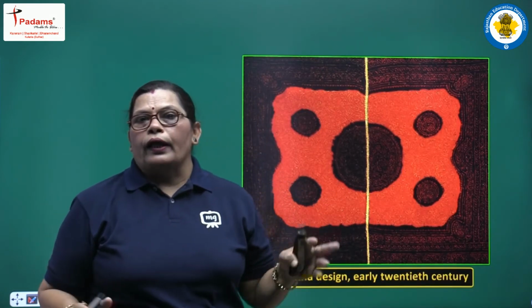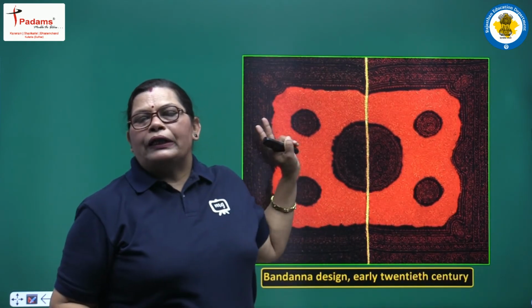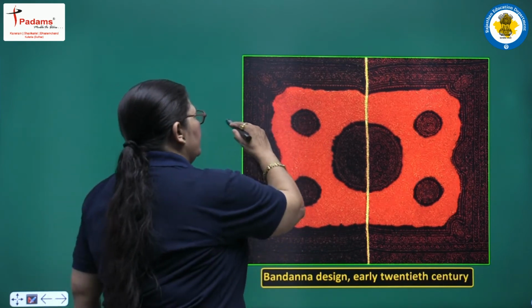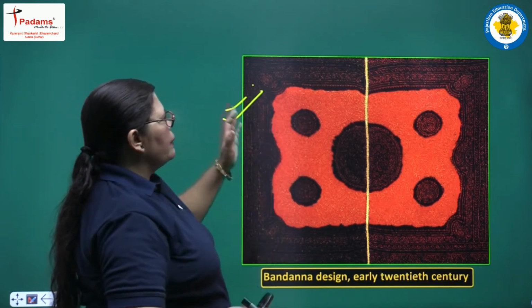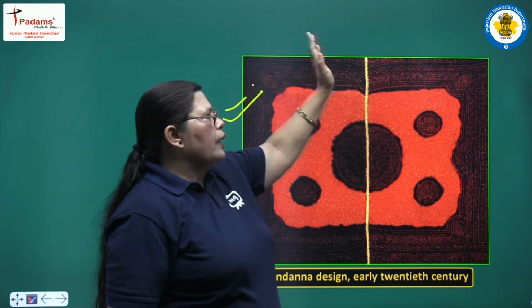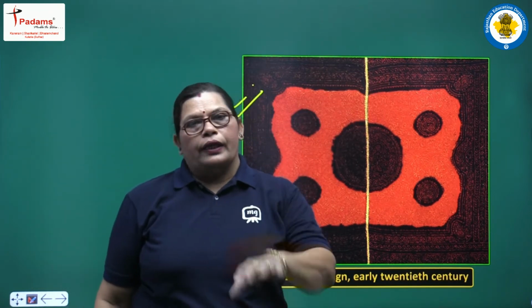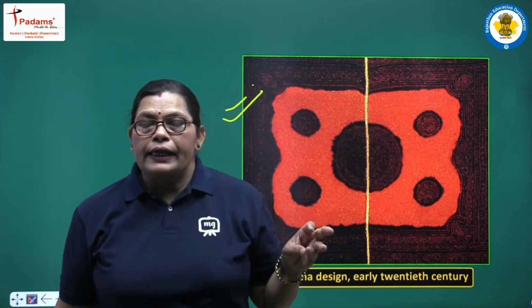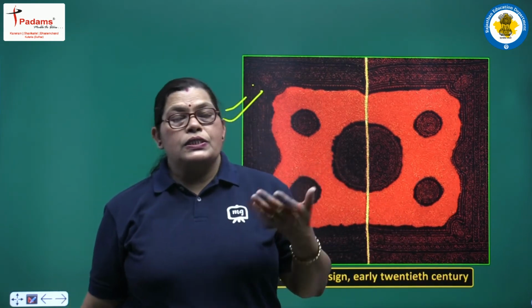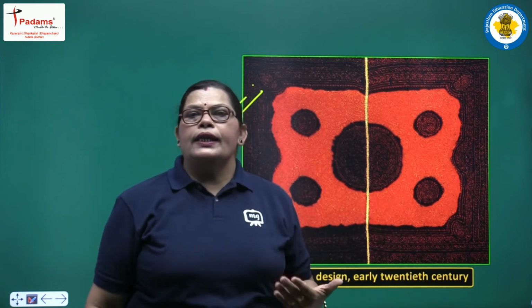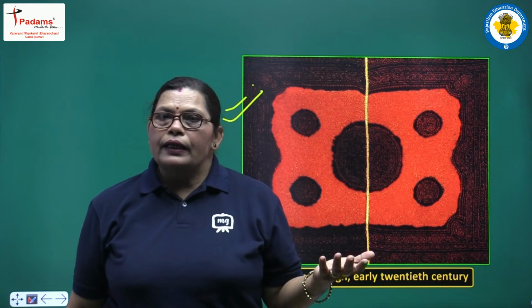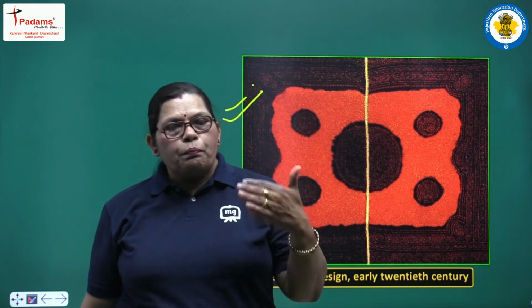This one is another picture, another cloth material named bandhani, a bandhani design developed in the early 20th century. We had different types of cotton textile. Chint is still in use, bandhani is still in use, and jamdani and other materials are all in use at present.